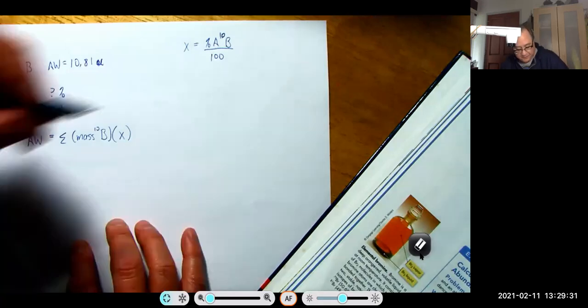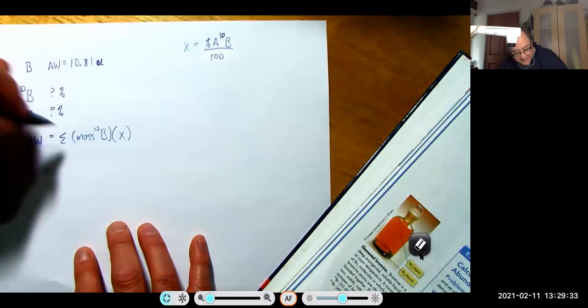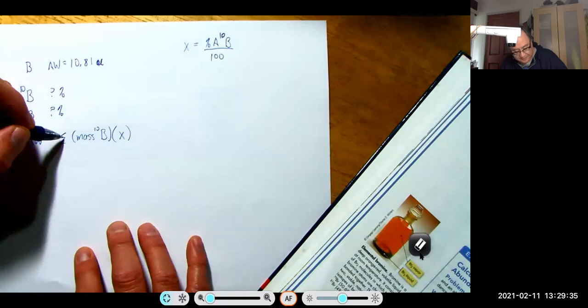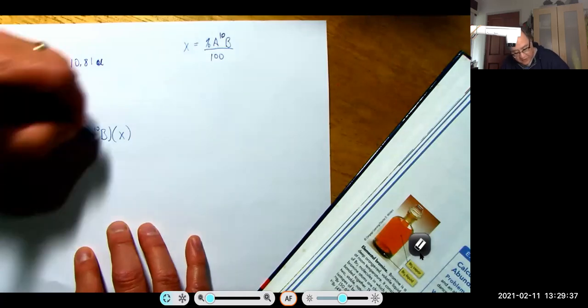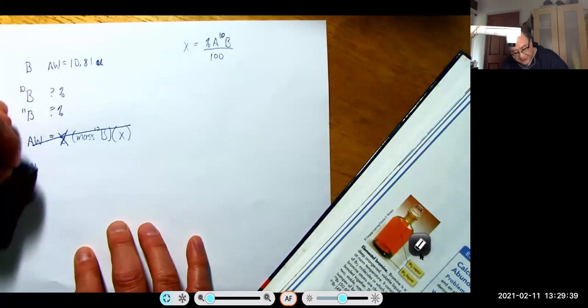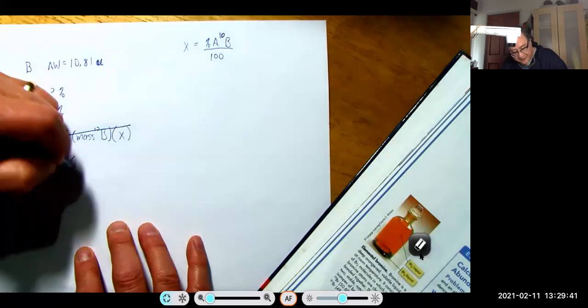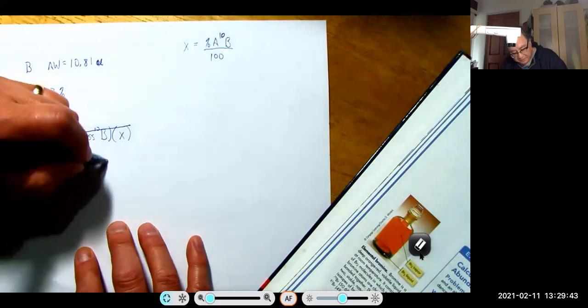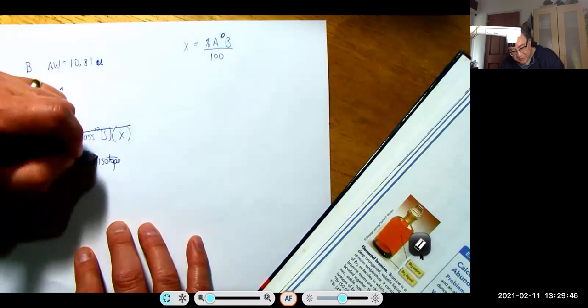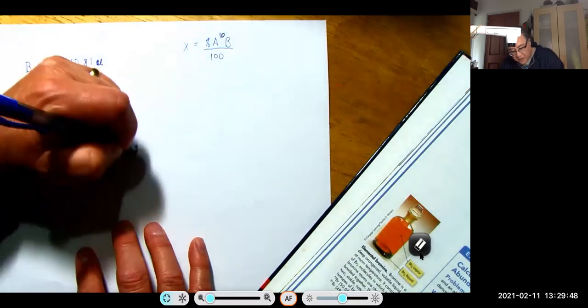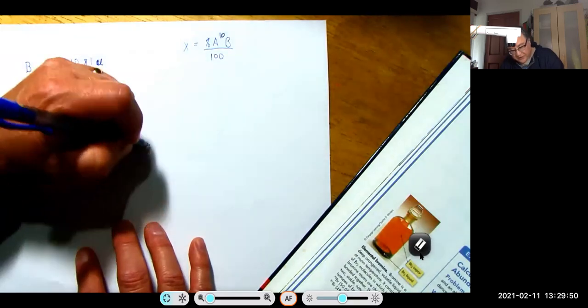And then, oops, I need to get rid of this. I'm going to start this over. The atomic weight is the sum of the mass of the isotope times the percent abundance over 100 for the isotope.